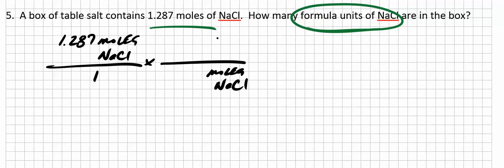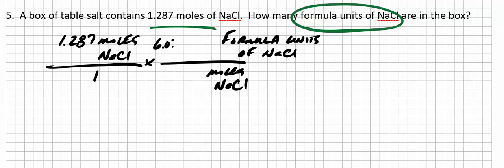On top, I want to know the number of formula units. So I'm just going to put formula units of NaCl, just like that. How many are there? Well, this many. 6.022 times 10 to the 23rd formula units per mole.